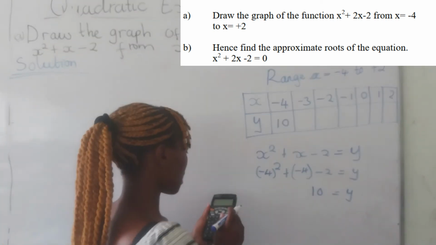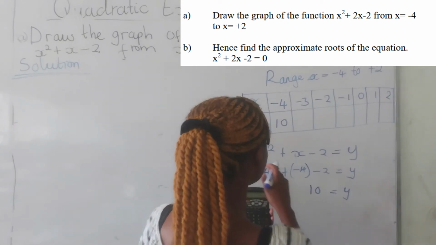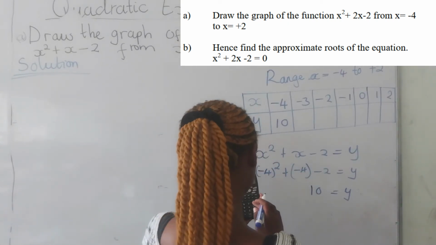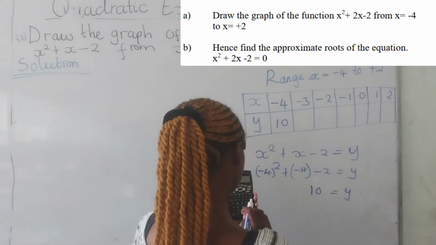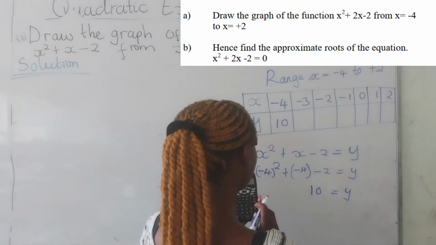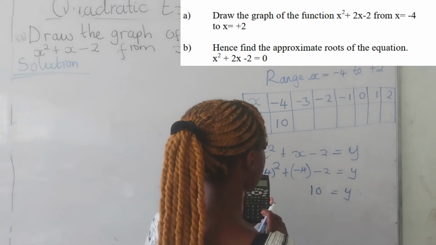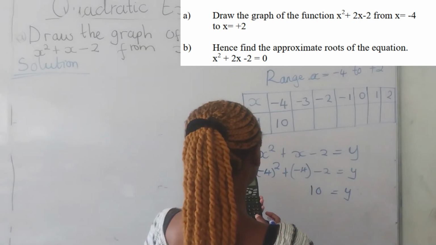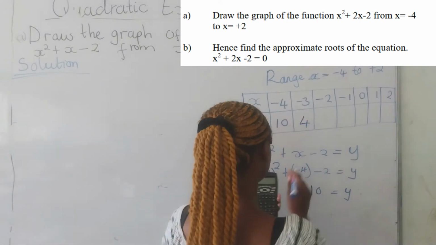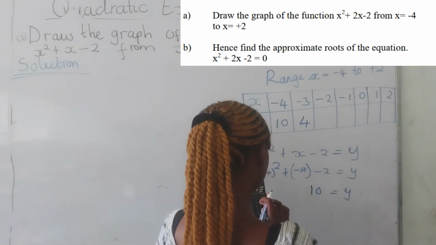So I'll just fill out the values for the others. But for now, let's do it together, guys. Plus minus 3, minus 2, get 4. Simplify again.